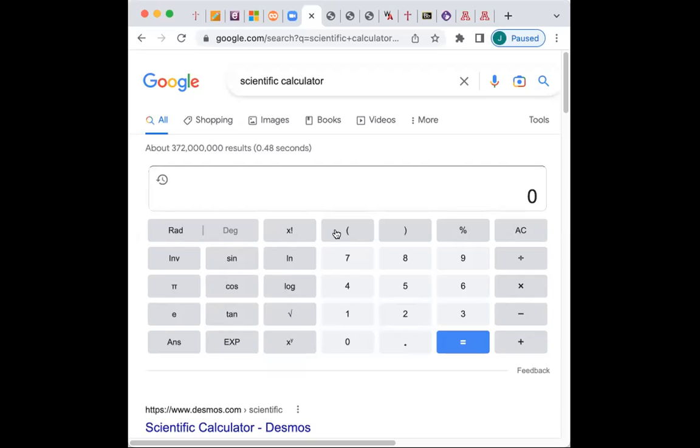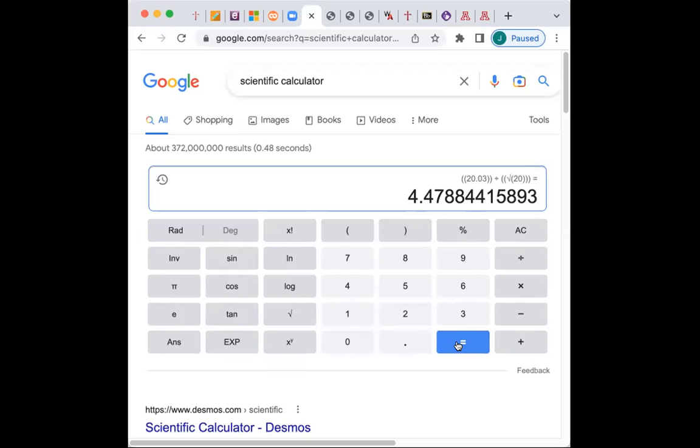So we're going to say bracket, bracket, 20.03, bracket, bracket, divided by the square root of 20. 4.47 approximately, or 4.48 if we round.